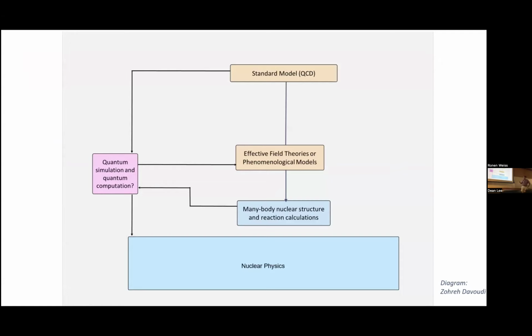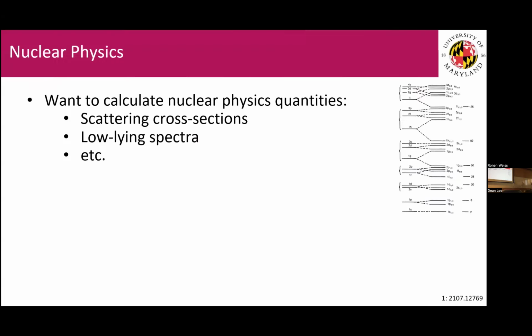So we want to go from our standard model through some sort of effective phenomenological model to get some information out about many-body structure and reaction calculations, and eventually do some nuclear physics. And the question is, can we use quantum simulation or quantum computation to speed up any of this?